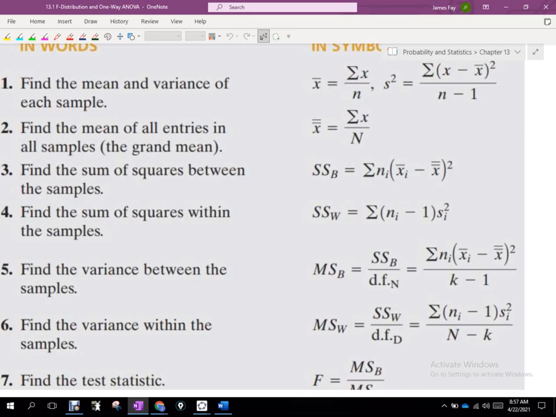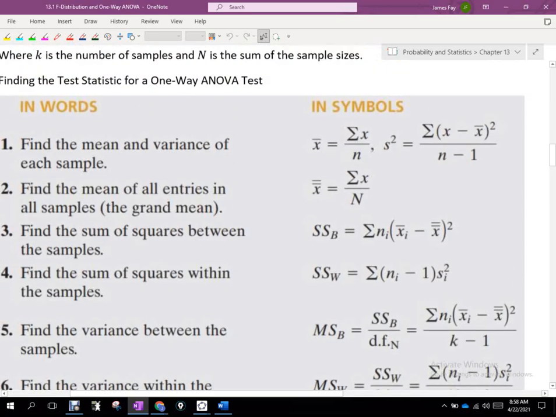So that capital N is relatable to this N. But let's do it this way, maybe this will make it easier to see. If we were to find the mean and variance of each sample, let's say we have 3 samples.